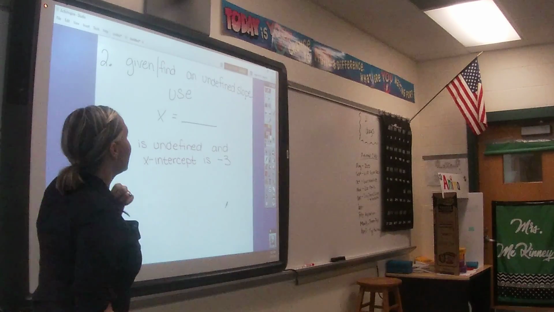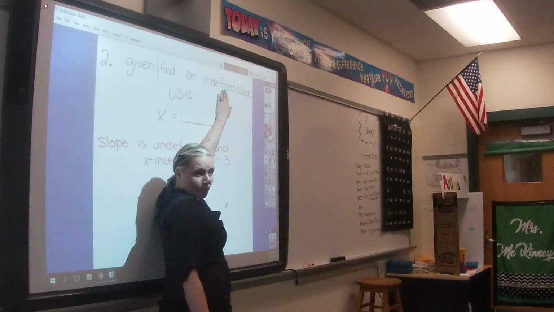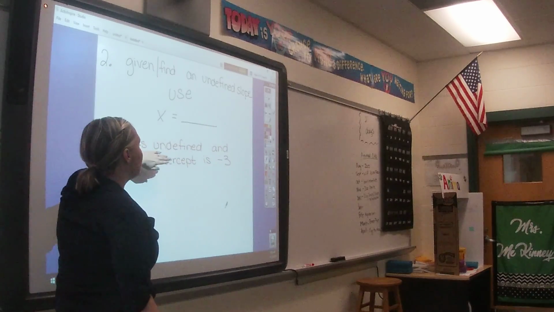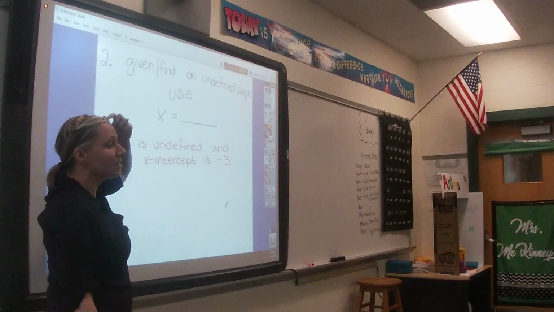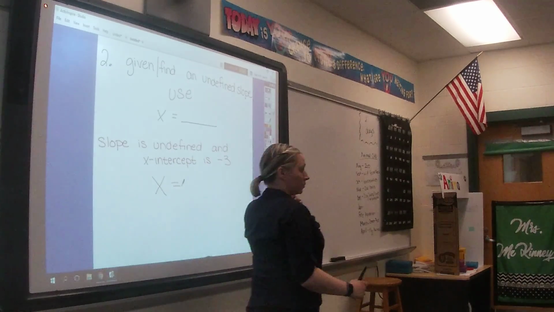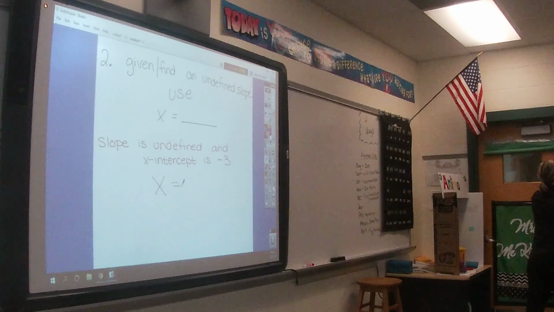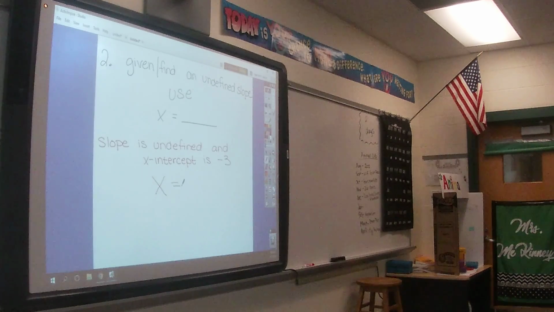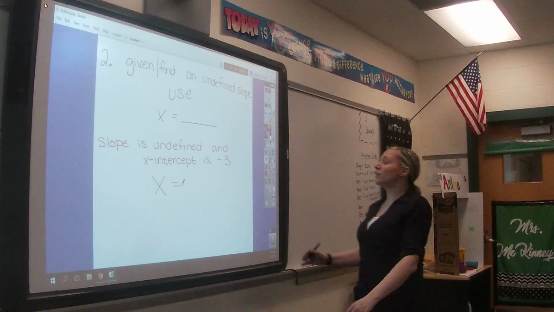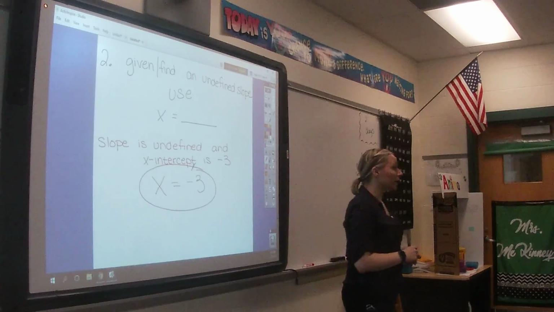We should also recognize that we are given undefined slope. When we recognize that, that says ding, ding, ding, write down x equals. And what does x equal in this situation? -3. So the equation of our line would be x equals -3.